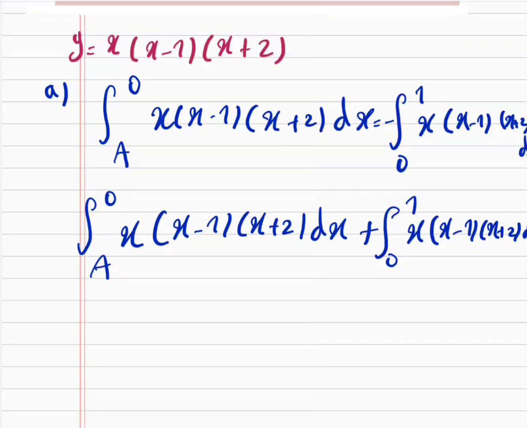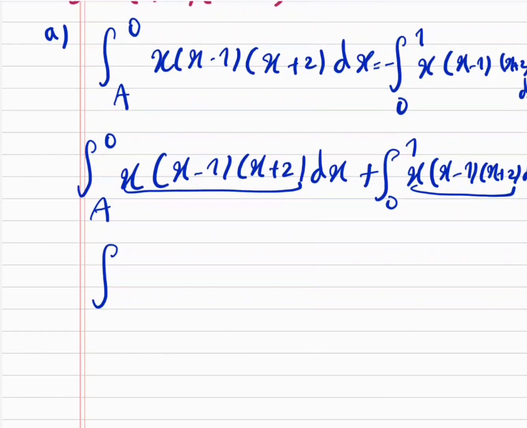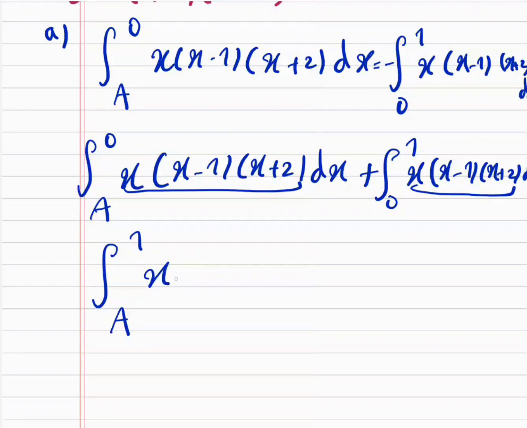Since the two integrands are the same, we can combine them into one single integral. The only thing is the limits. The highest limit is 1 and the lowest limit is a, because the limits are connected, so it's essentially between a and b. We can simply write the limits as a to b. Obviously b is equal to 1, and the integrand is x times (x minus 1) times (x plus 2) dx. As you can see, we have a simple integral now.